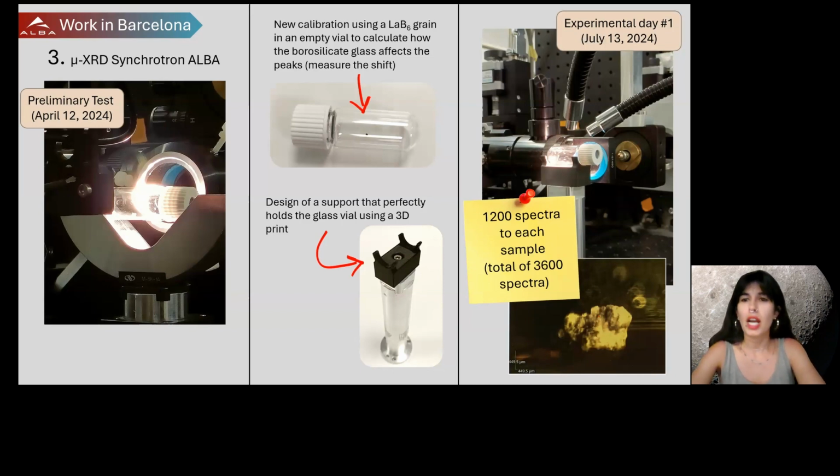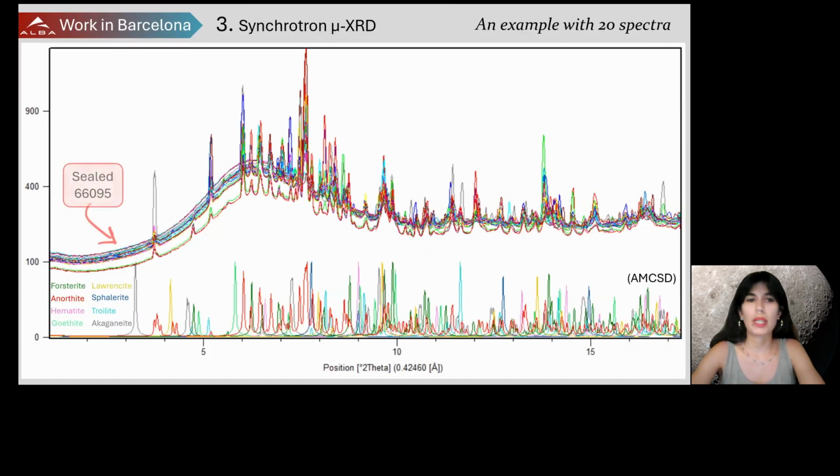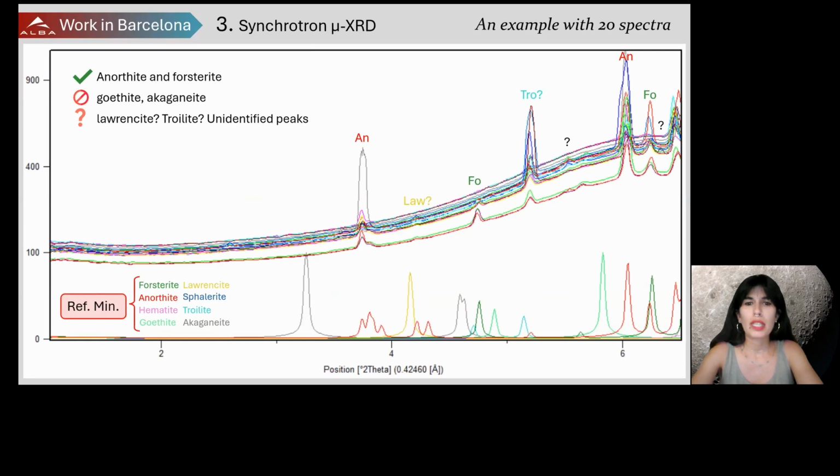The results are not processed yet, but here I'm showing an example with 20 spectra on top. And below, I put reference minerals from known mineralogy of this sample from previous studies to compare and to show how we will analyze these spectra. So now I'm going to zoom in on this same diffractogram to show it better. On the left, we see that the peaks are matching well with anorthite and forsterite, and maybe we have some lawrencite and troilite and some unidentified peaks.